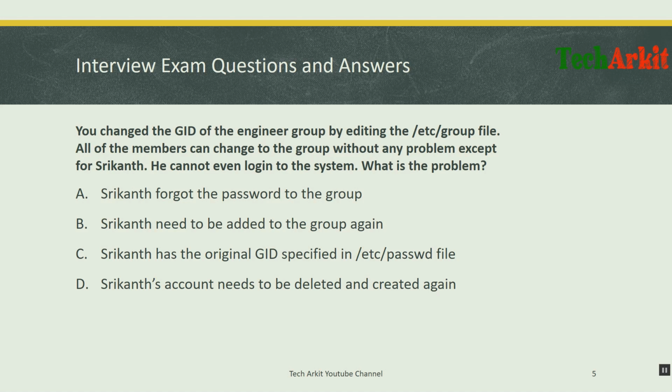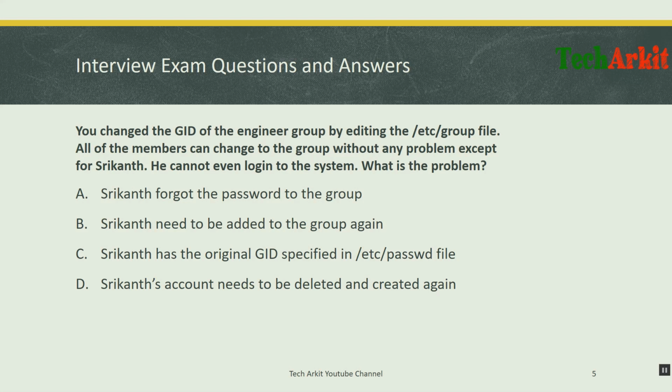You change the GID of the engineer group by editing the /etc/group file. All of the members can change to the group without any problem except for Srikanth. He cannot even log in to the system. What is the problem?